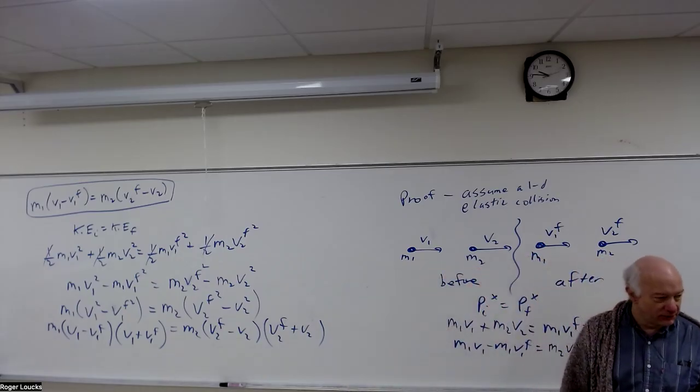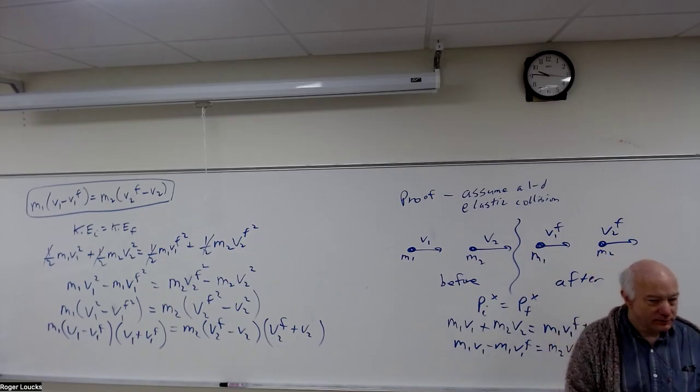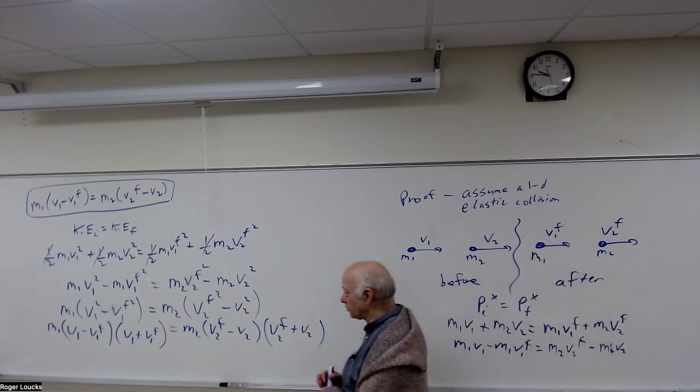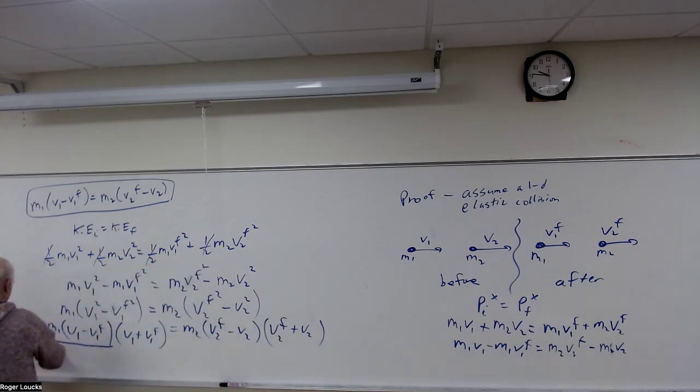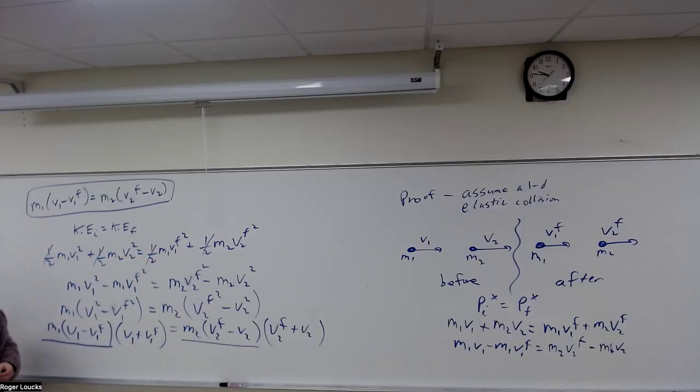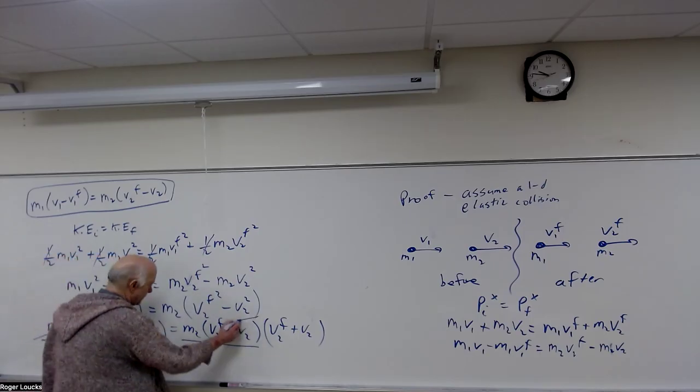Now magic occurs. We get a beautiful cancellation. You might want to look at the top of the board. What do I know about this term right here? This term is equal to this term right here, so that whole term cancels that whole term.